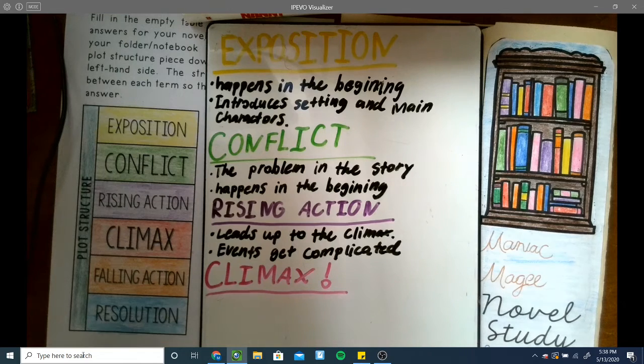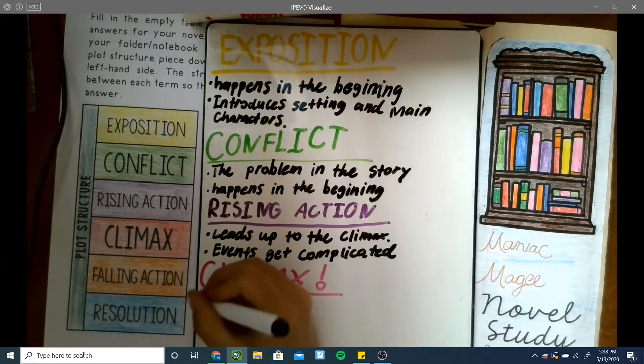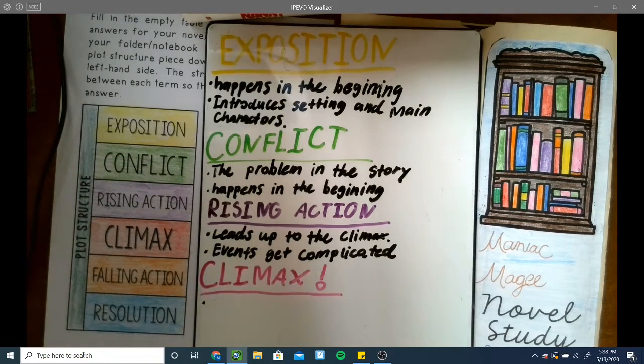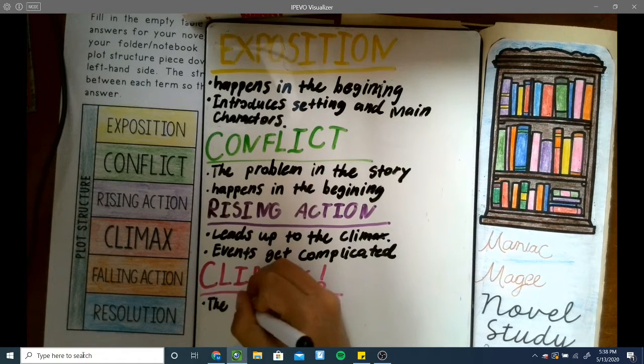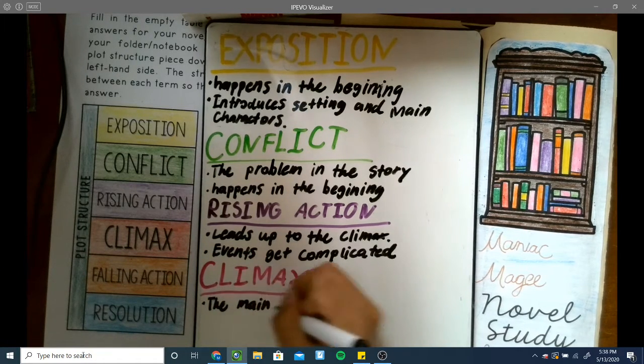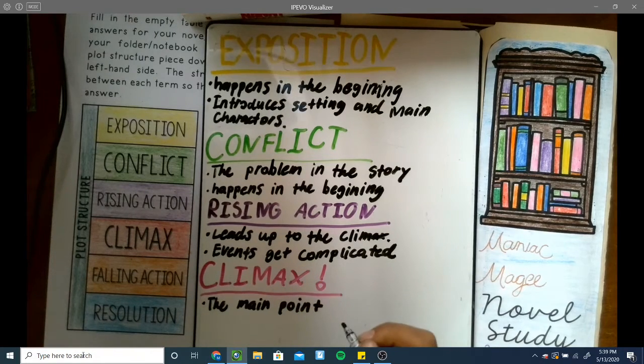Climax is, we could even say that it's part of the main idea. The main point. So this is when things get interesting. And where readers have the absolute highest interest and emotion.